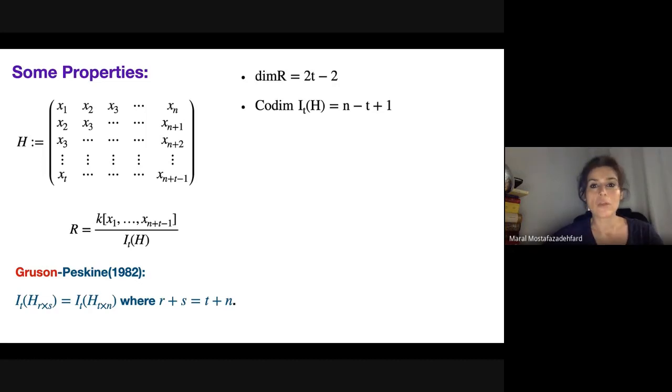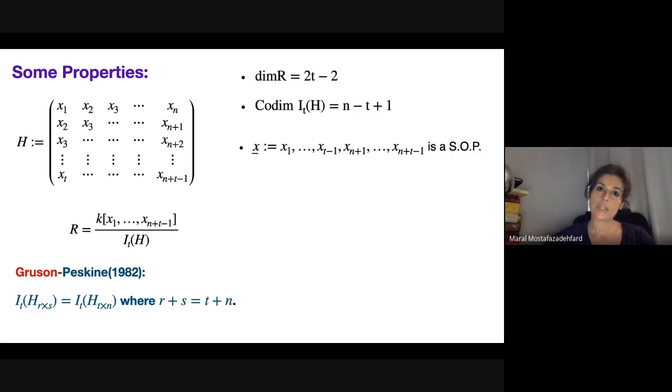Moreover, we have a homogeneous system of parameters of these rings that is a linear regular sequence of R. It's given by these indeterminates, and the complement set of these indeterminates gives us the socle of this ring. So the socle of this ring is generated by the monomials of degree t, and so the a-invariant of the ring is this negative number 1 minus t.